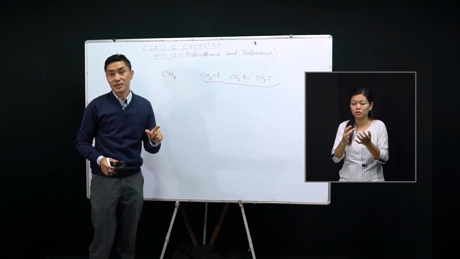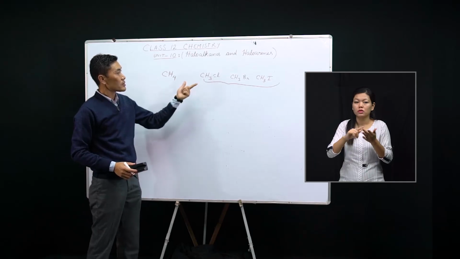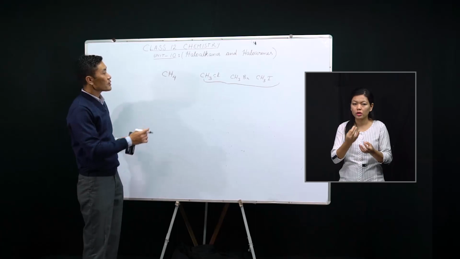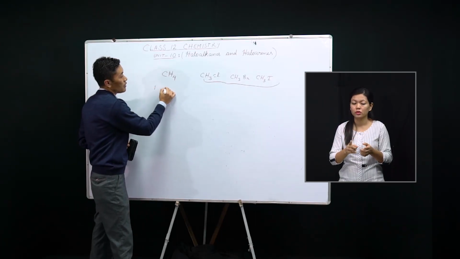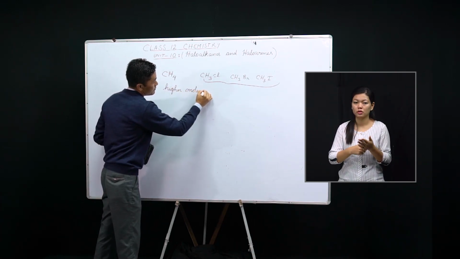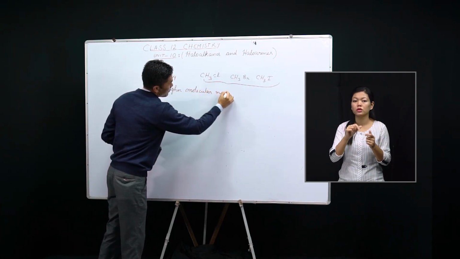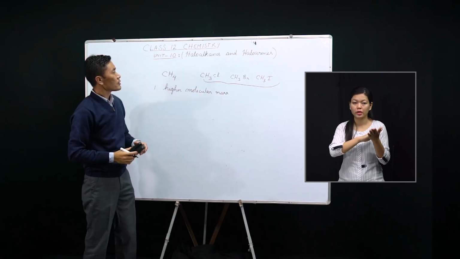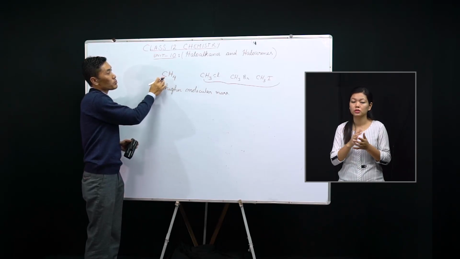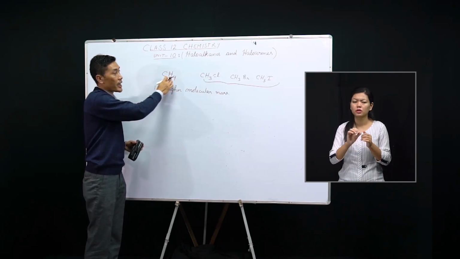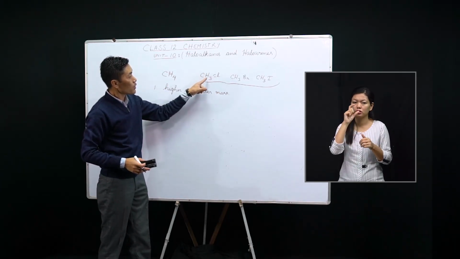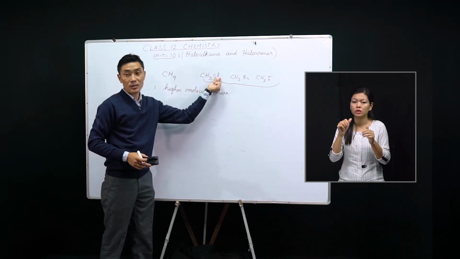Now there are two reasons as to why these haloalkanes have higher boiling point than their parent hydrocarbons. The first reason is because of higher molecular mass. Let us just see in this example. In methane, the carbon atom is bonded to 4 small hydrogen atoms. In chloromethane, it is bonded to 3 hydrogen atoms and a large chlorine atom.